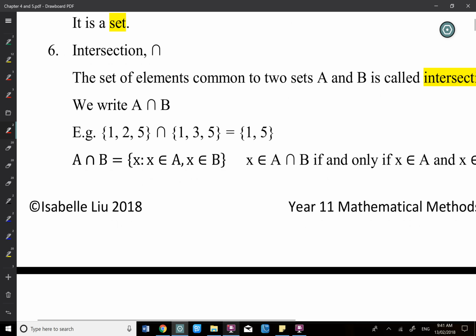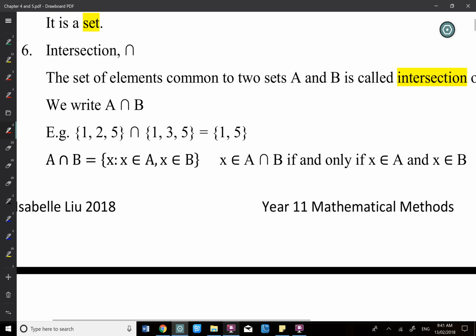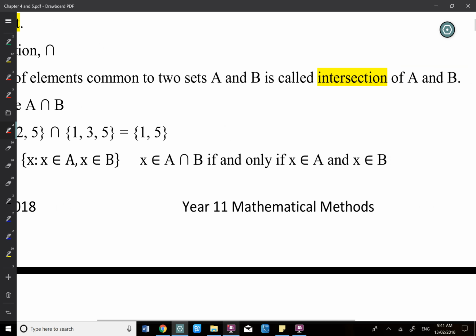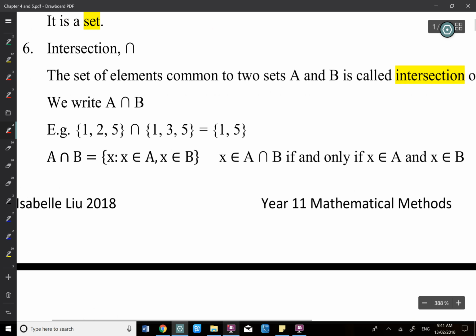So the next one is called intersection. Intersection is the set of elements common to set A and B. It is called the intersection of A and B. When you talked about probability last year, I think you talked about intersections. For a Venn diagram, there will be intersections. Elements that are in both A and B will be the intersection.